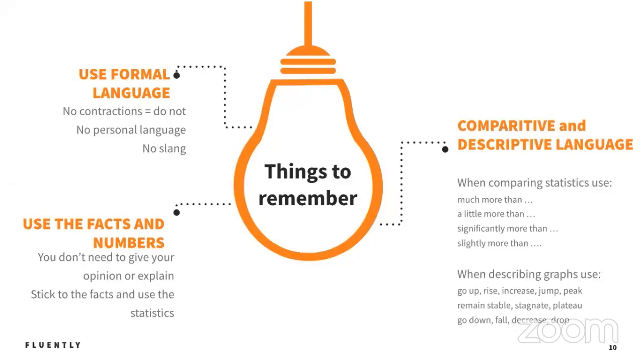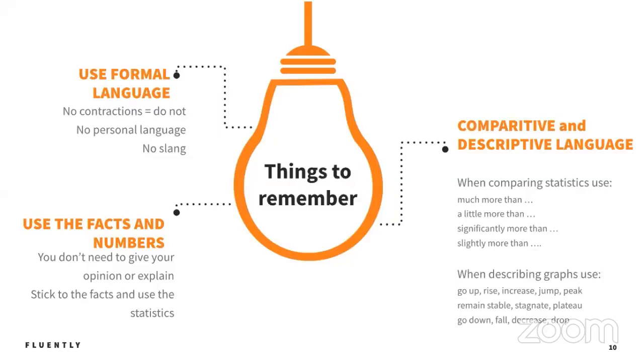If it's a big difference, you can use a phrase like much more than or significantly more than. There are other examples as well. These are just a couple. You could say for a small difference, a little more than or slightly more than. These are just more accurate and more precise, rather than just saying more or less. So these are just a couple of examples. There are more, so you can research that yourself.